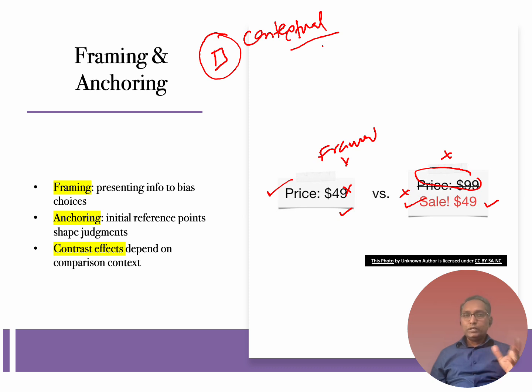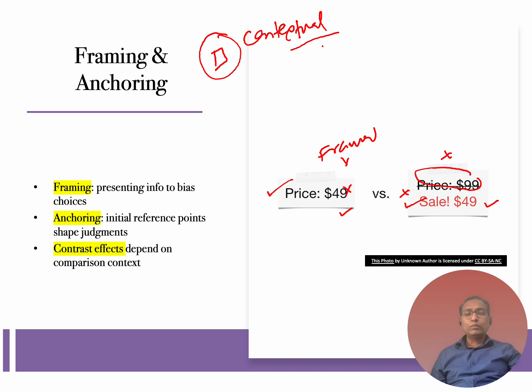Anchoring is especially relevant when you're trying to make judgments about something that you have very little information about and trying to come up with some estimates about it. An initial reference to that concept will actually determine your judgment.